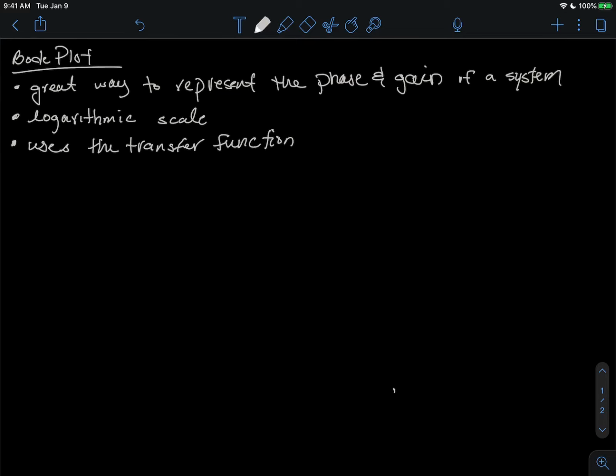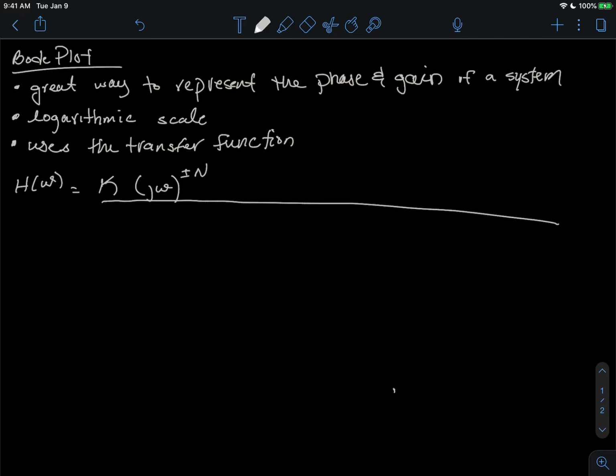And so for the transfer function, we want it in a specific shape. For our transfer functions, what we see is a K, which will be a constant, and then you'll have a j omega to the plus or minus n. The plus or minus just indicates it could be in the numerator or the denominator. And then you have a 1 plus j omega divided by z, which could also have a power of n, and that z is the location of zeros.